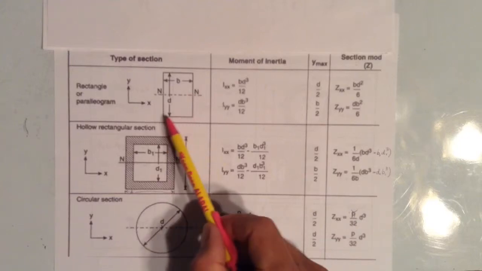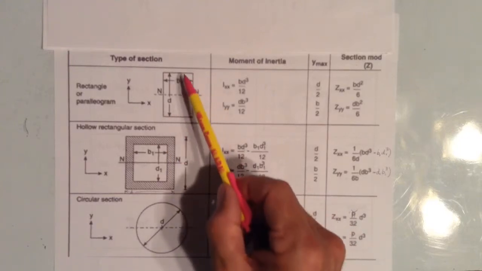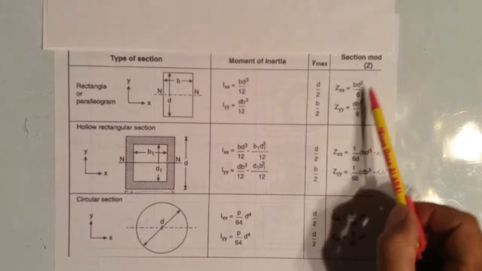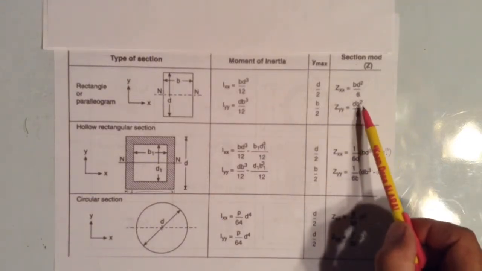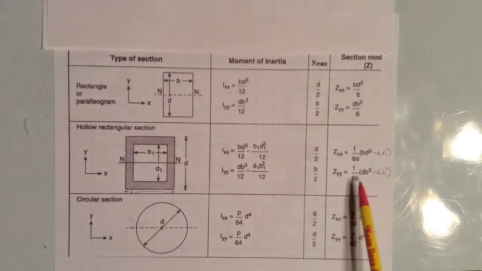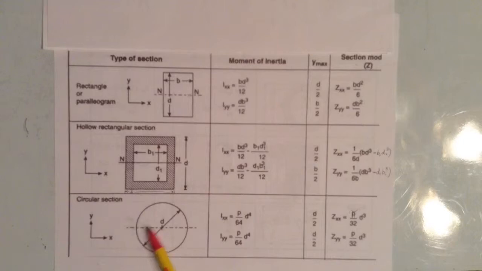This wouldn't be the base anymore. This would be the base, and that would be the height. So that's why they have DB squared over 6 instead of BD squared over 6. And same goes for that. Obviously on a circle it doesn't matter whether your axis goes this way or this way. A circle is symmetrical, so you're going to have the same section modulus, pi times diameter cubed over 32.